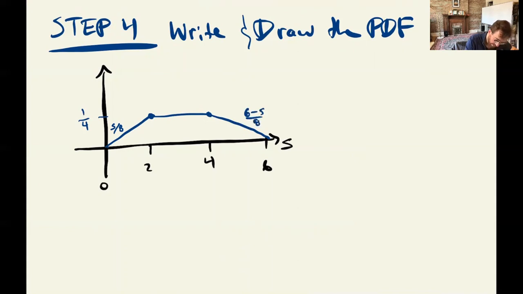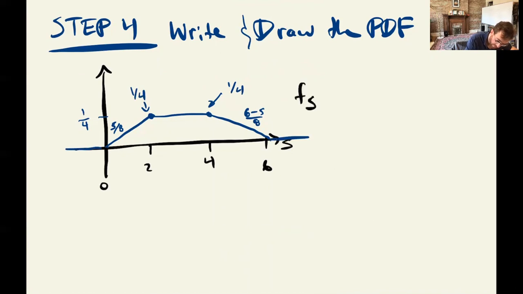And if you plug in s equals 4, you get that 6 minus 4 over 8 is 2/8, which is a fourth. So this is in fact a continuous function. And that's an s here. This is also a fourth. And then it's 0 outside of here.